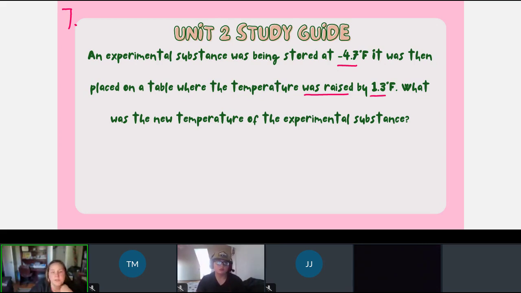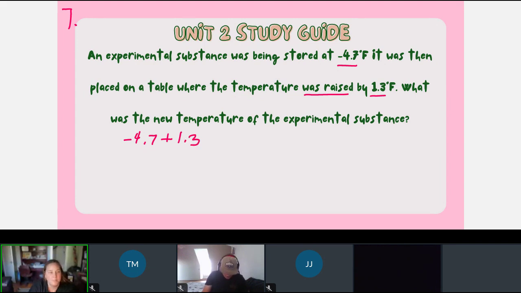What was the new temperature of the experimental substance? So we need to write out a number sentence here. So our first number is negative 4.7. Then it says was raised. That means you need to add. If it says was lowered, that means you need to subtract. So plus our next number, which is 1.3.